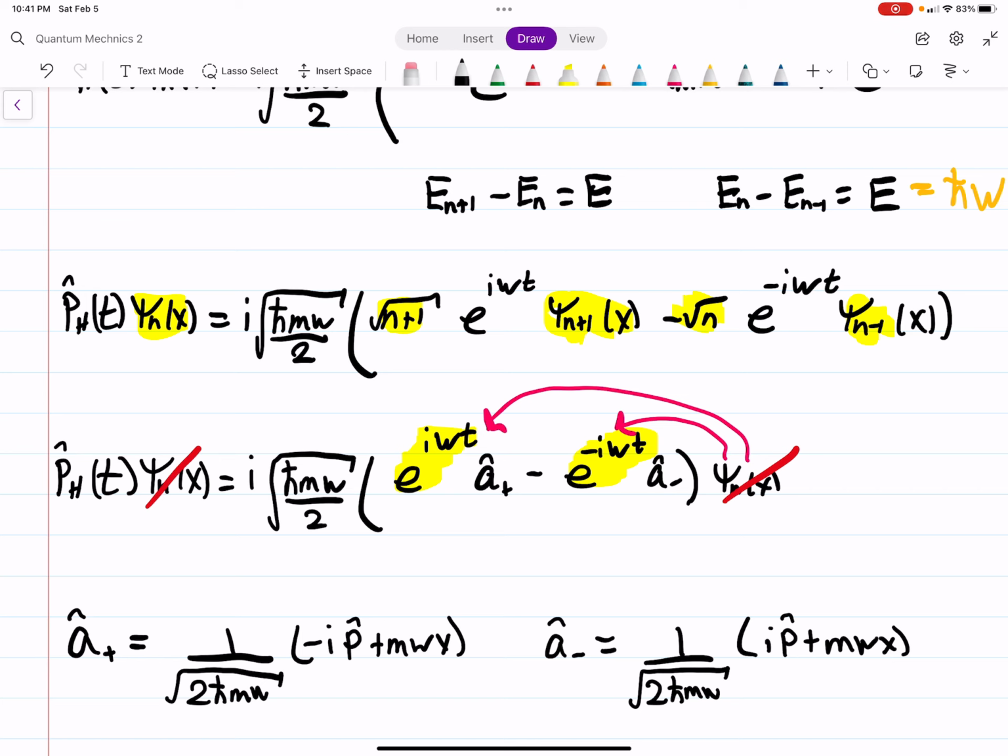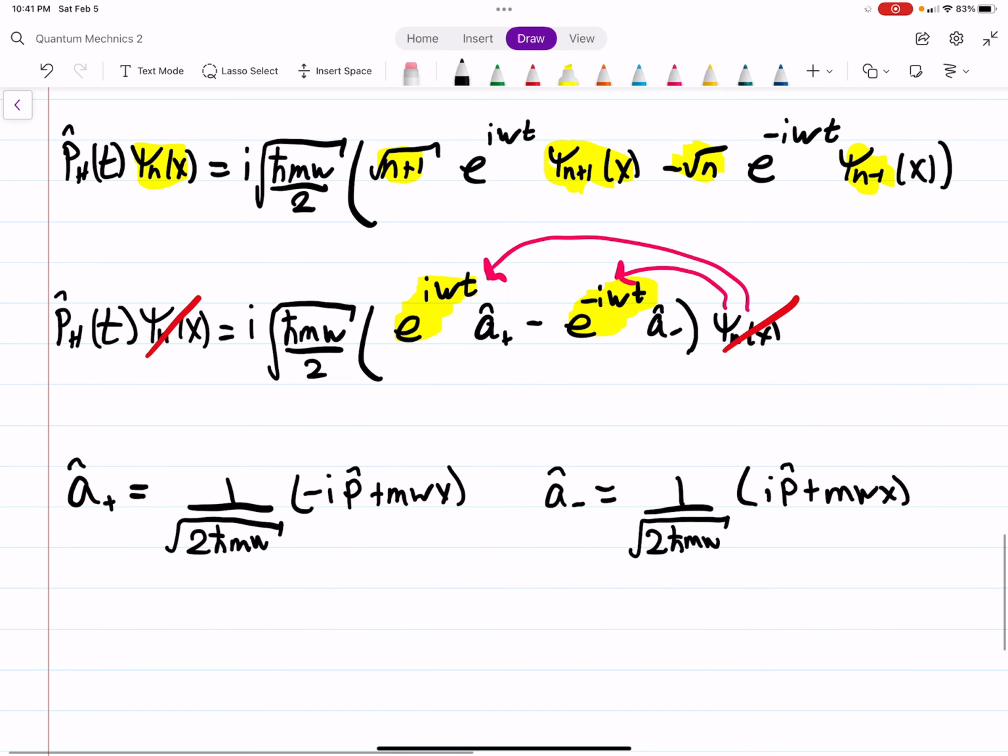Okay, so that's just for harmonic oscillators, nothing crazy there. And what we can do now is we know what our raising and lowering operators are, so these can be substituted in like that. Okay, so we're going to do that.